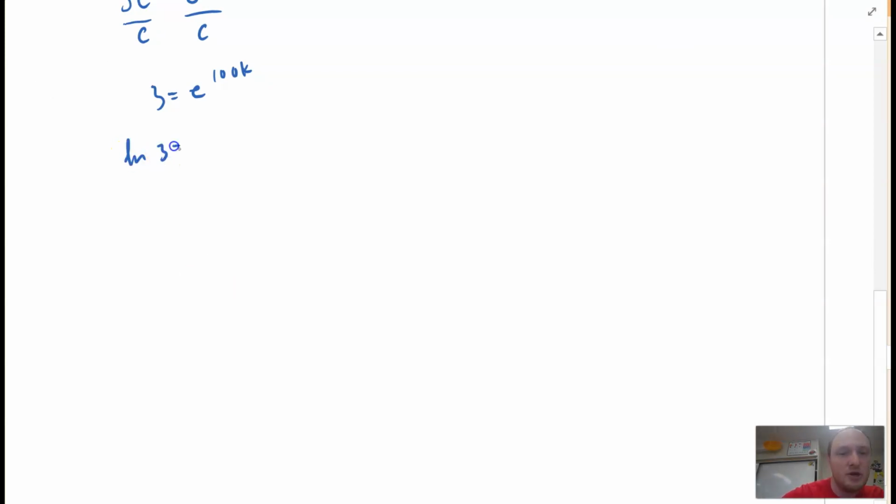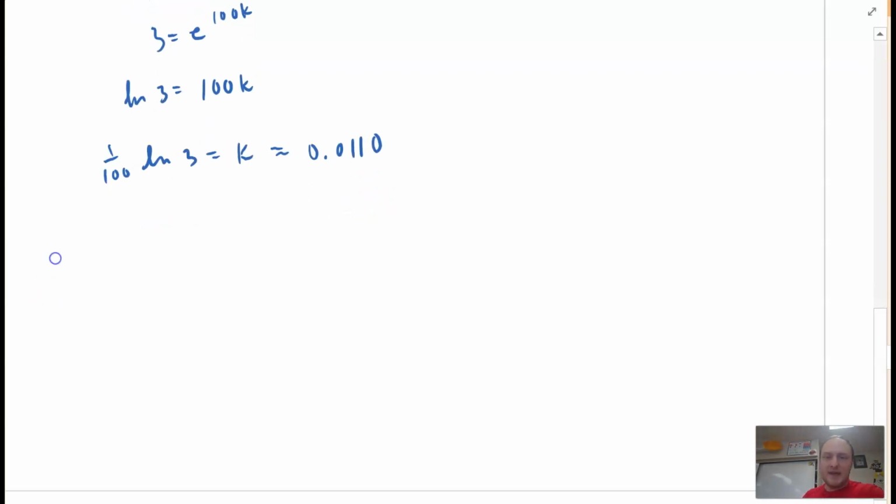So I have the natural log of 3 = 100k, and then we'll divide both sides by 100, to give us k, which is approximately 0.0110. Okay, and as a percentage, if we multiply by 100, we get 1.10%.